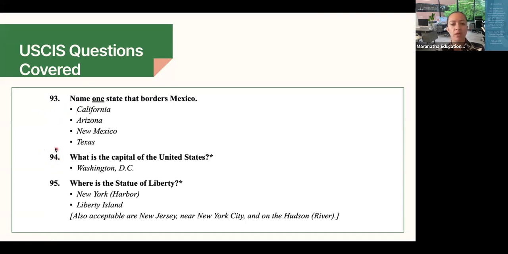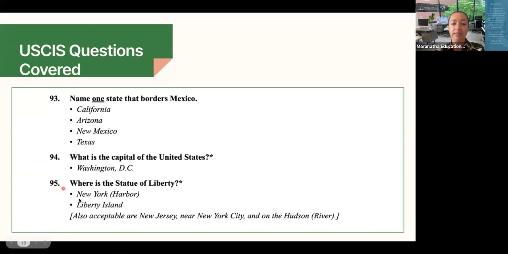Question 94. What is the capital of the United States? Washington, D.C. Question 95. Where is the Statue of Liberty? You have different options to answer this question.